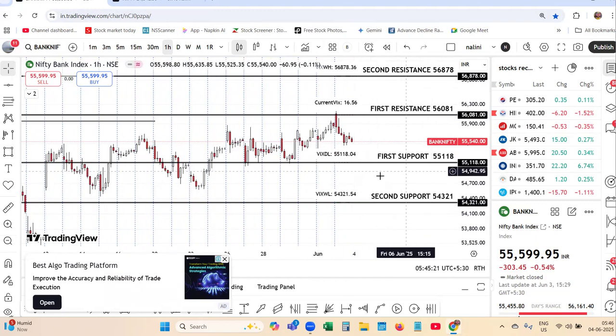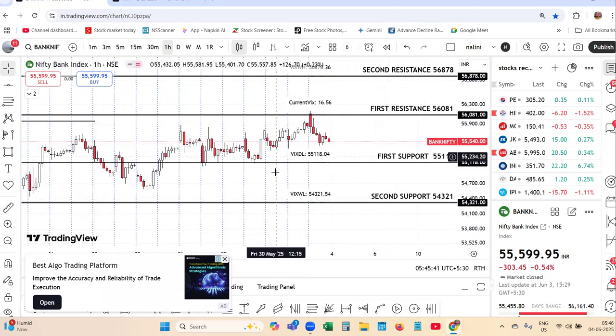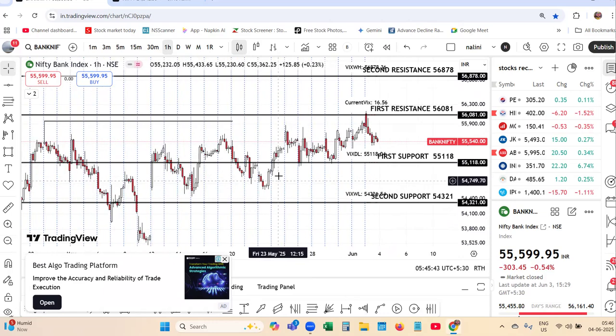The first support is around 55,118 and it has faced resistance around 56,081 and it is halfway through. The second resistance is 56,878 and the second support is 54,321. The movement in Bank Nifty is very slow and very compressed.